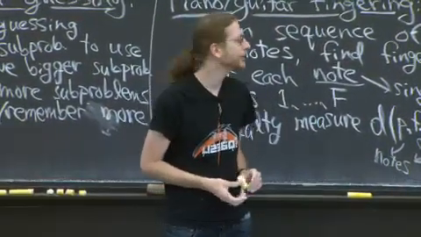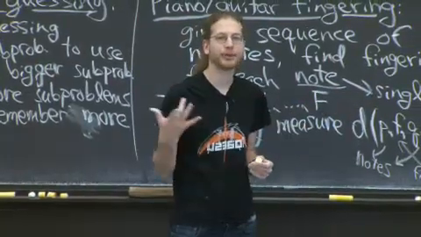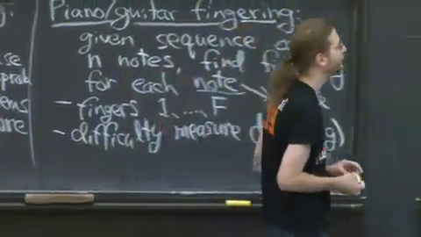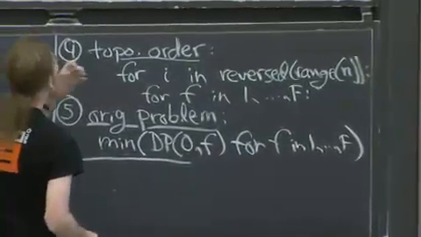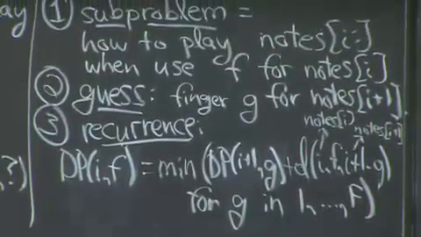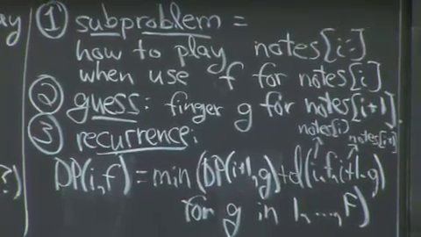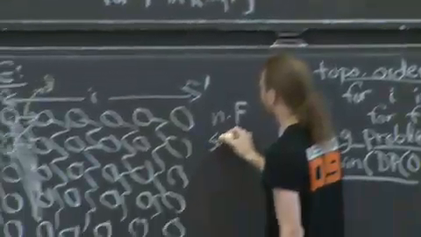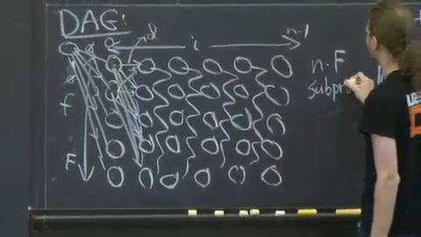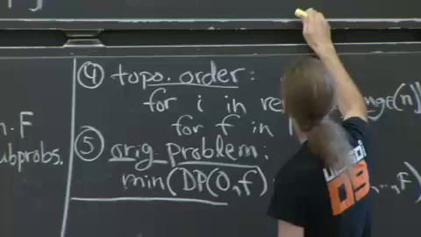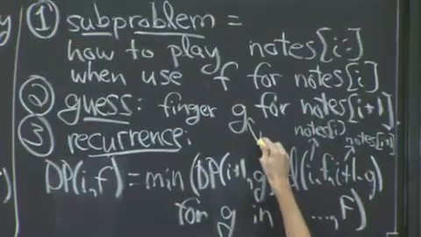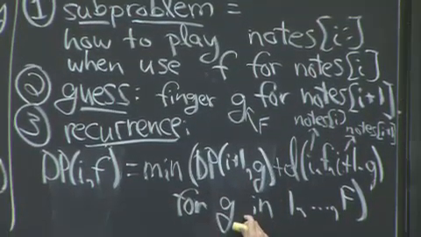Questions? And this even works for aliens if you have arbitrarily many fingers on your hand. I guess we should figure out what's the running time. So we have subproblems. Well, we see how many subproblems there are here. There's n times f subproblems. How much time, or how many choices are there for our guess? Well, there's f different choices for what finger we use.